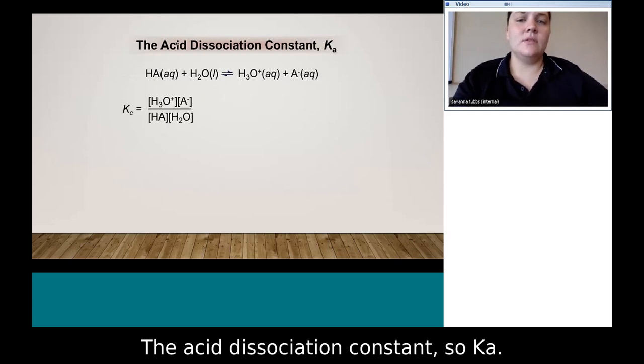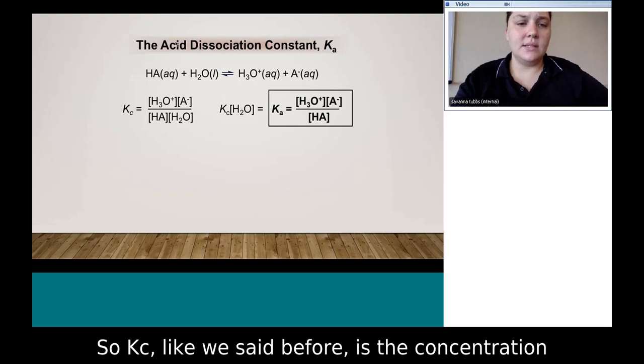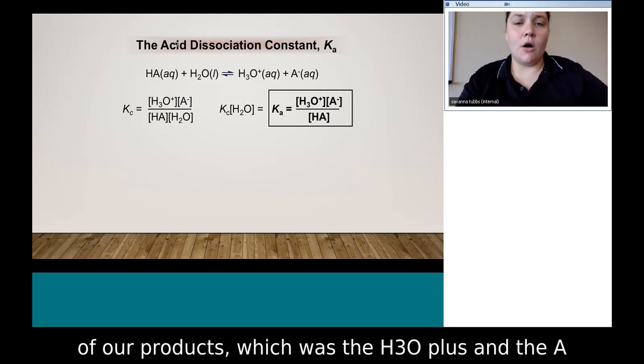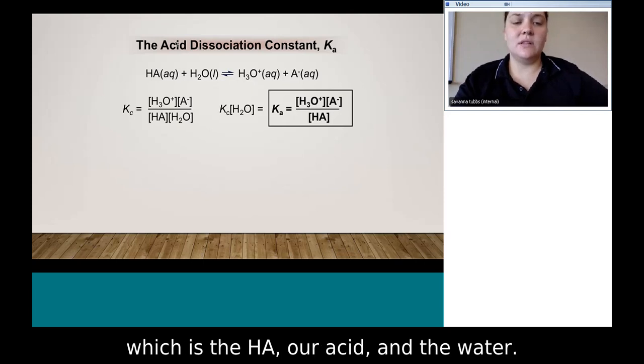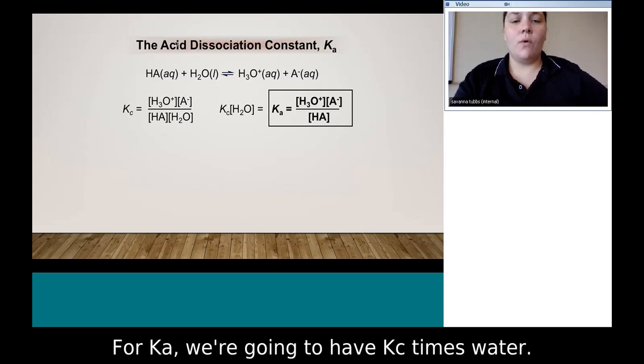The acid dissociation constant, Ka. Kc, like we said before, is the concentration of our products, H3O+ and A-, over the concentration of our reactants, which is the HA, our acid, and the water. For Ka, we're going to have Kc times water.